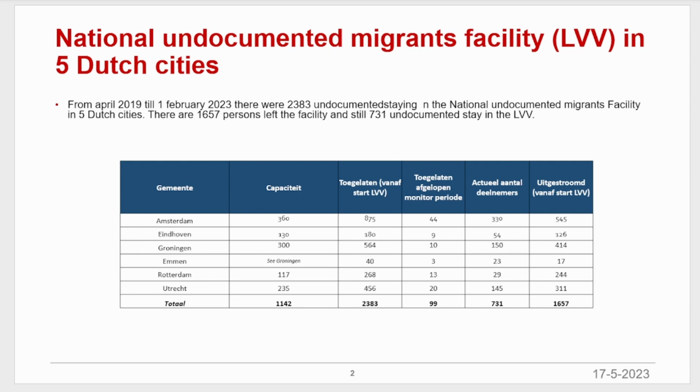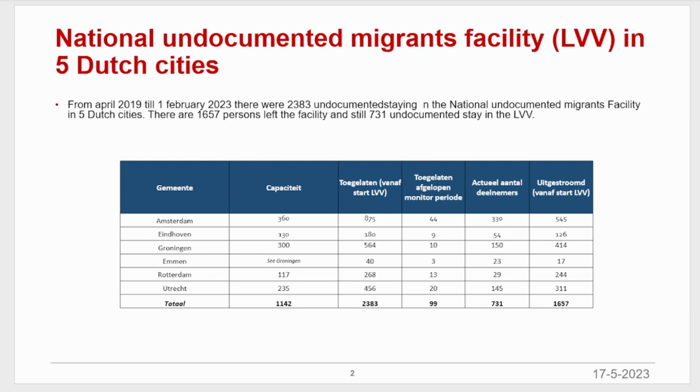So at the moment, there are 730 people in this program, and almost 1,650 are out of the program, having returned or received a residence permit. So for sure, in these bigger cities in the Netherlands, these are undocumented migrants of flesh and blood, and they are still alive.